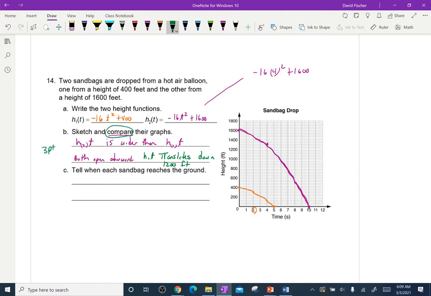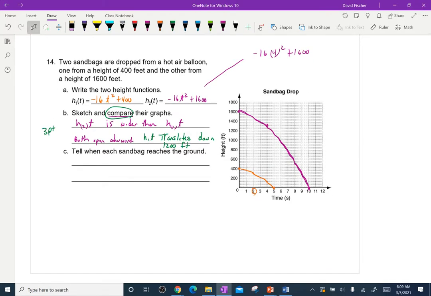They said compare. Now we got to tell when sandbags hit the ground.